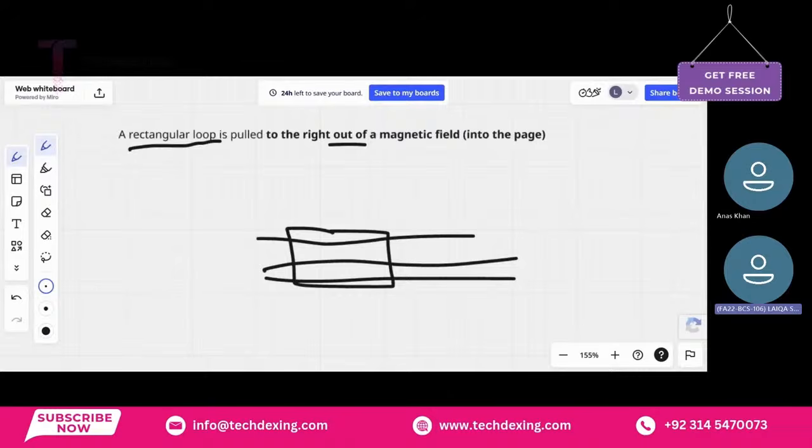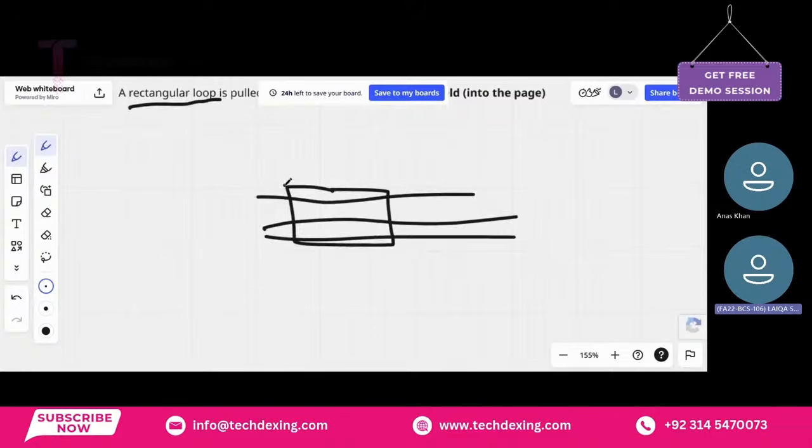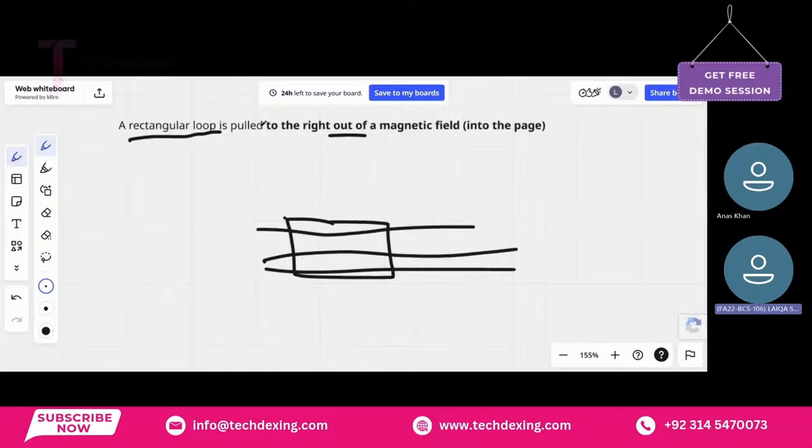How? If I have this rectangular loop and it is placed inside this magnetic field, after some time I start taking it away, it is being pulled towards the right out of a magnetic field. For example, the direction of the magnetic field is from right towards the left, and after some time I start taking this rectangular loop towards the right out of the magnetic field, means pulling it away from the magnetic field.